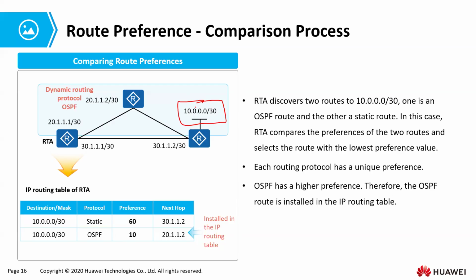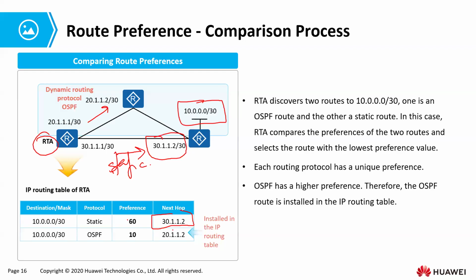Right. So to get to this network from here, we can go either via this one or via this one. There is a static route, this one, 10.0.0.0 via next hop 10.1.1.2.